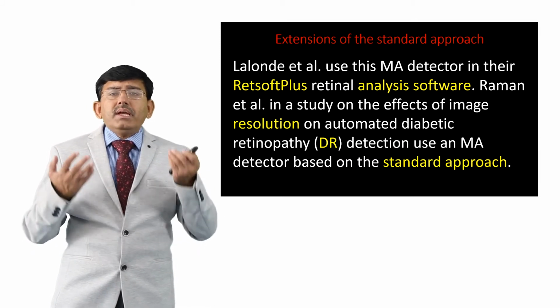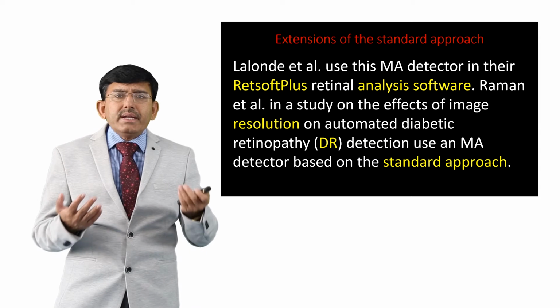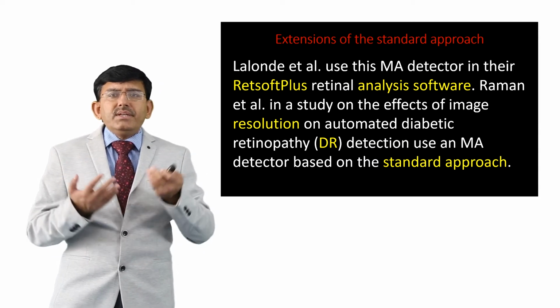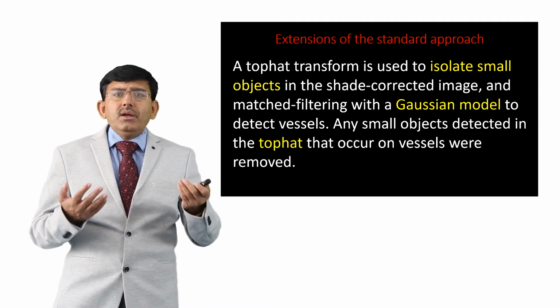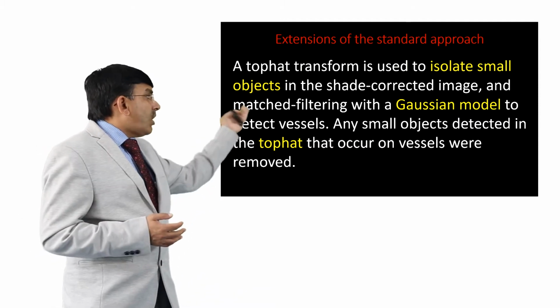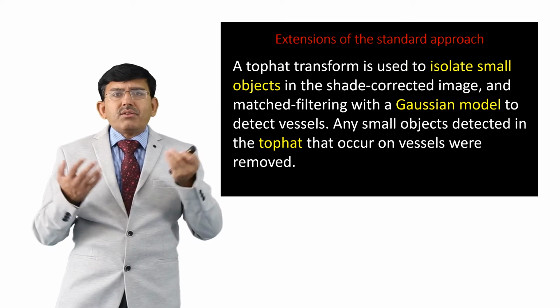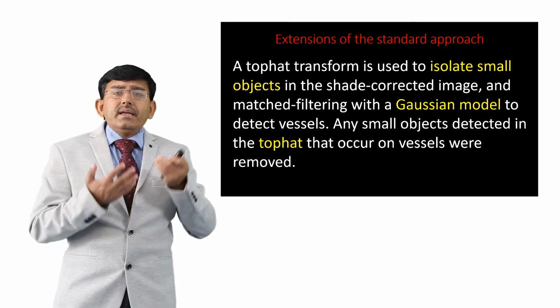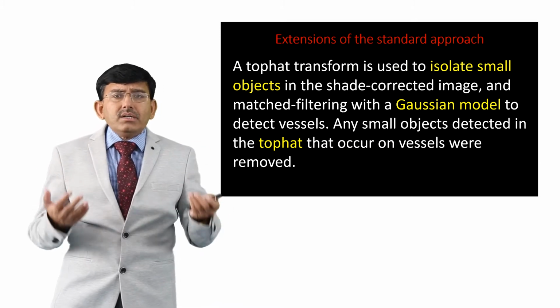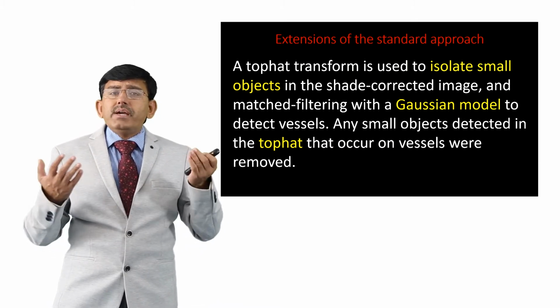A top-hat transform is used to isolate small objects in the shade corrected image, and match filtering with a Gaussian model to detect vessels. Any small objects detected in the top hat that occur on vessels were removed.